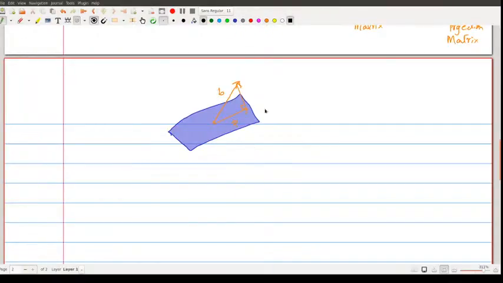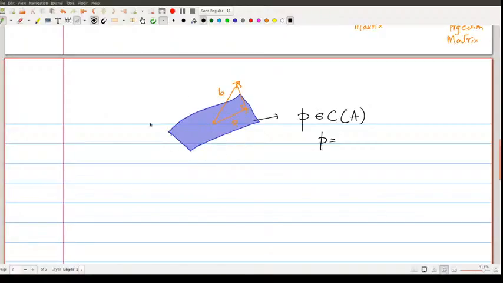So let's say this is a two-dimensional space. This is really a plane. In this case, what I'm really trying to solve is the following equation. If P is in the column space, then P can be written as a linear combination of the vectors that are spanning this space.